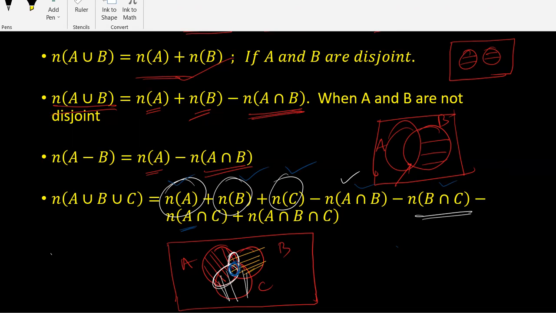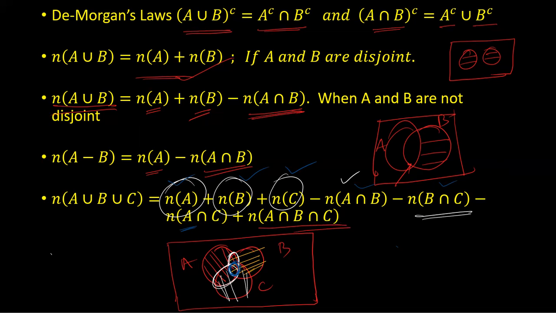That is why we should add it back once. Then we get the required result for A union B union C.